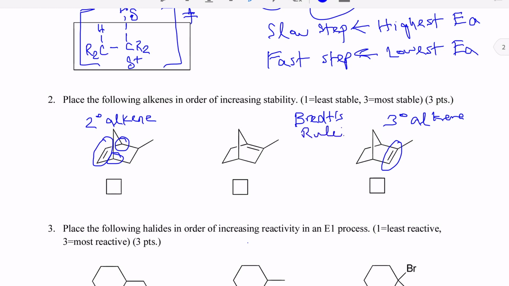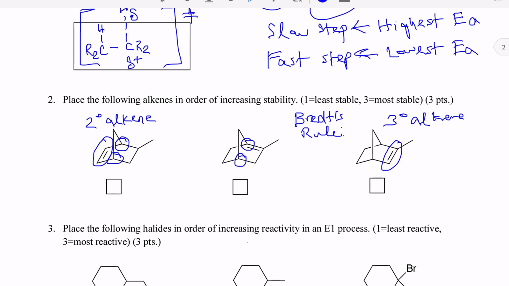Bredt's rule is a statement which tells you about where we can place a double bond in a bridged bicyclic compound. It says that these types of compounds cannot have a double bond at a bridgehead position, or basically one of these carbons, unless the rings contain at least 8 carbon atoms, right?